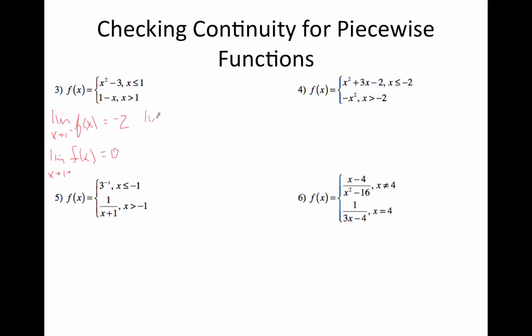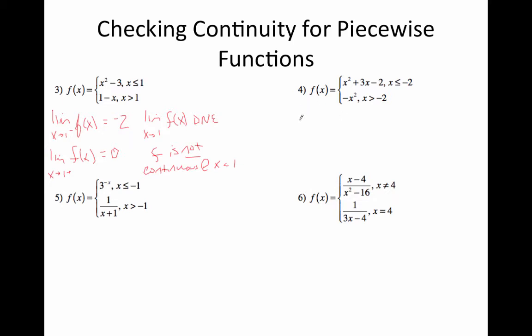So this means the limit as x approaches 1 of this function does not exist. So f is not continuous at 1. Even though it's made up of two continuous functions, there's a gap at 1. There's going to be a jump discontinuity because they're approaching different values from either side of 1.